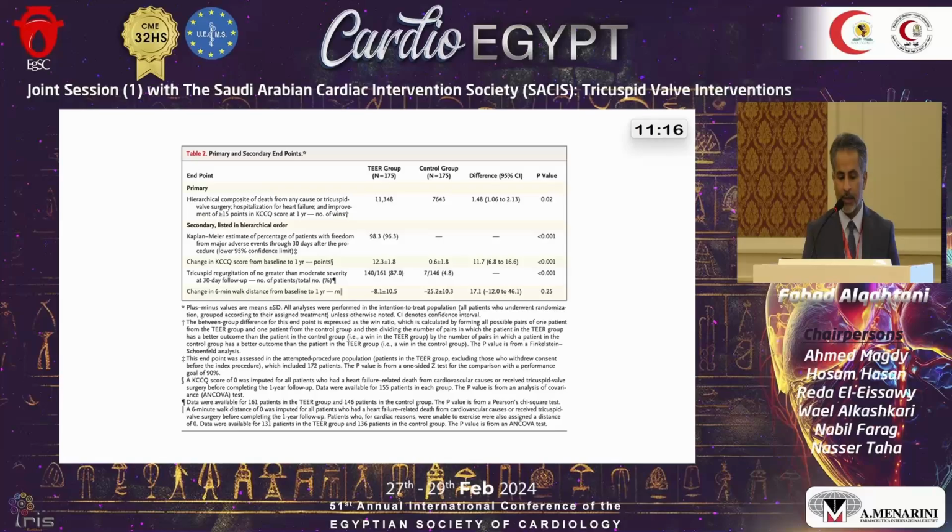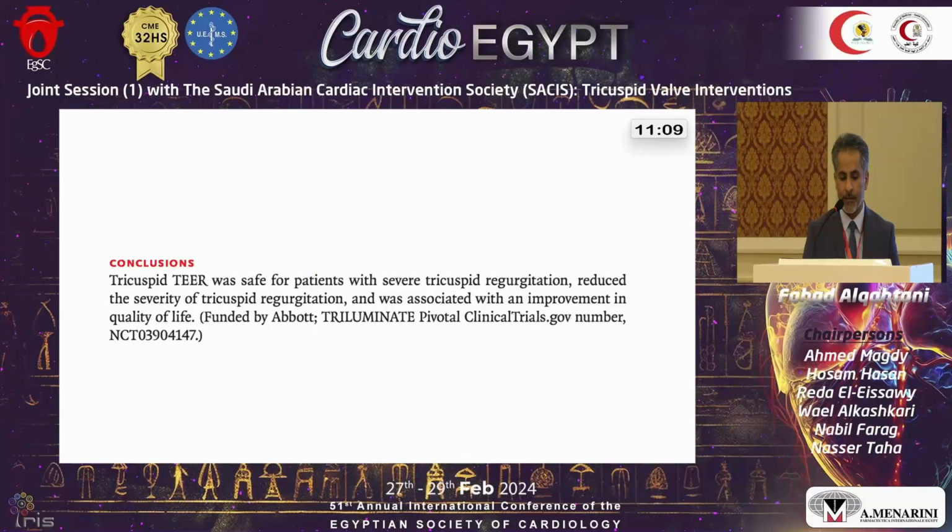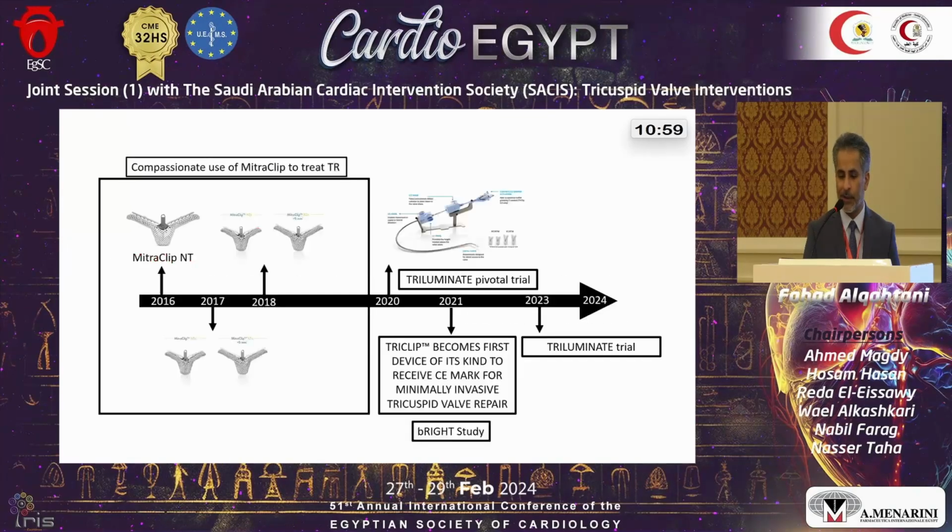And the main thing was a change in the quality of life in the TEER group compared to the control group, with a difference of 11.7. So they concluded that tricuspid TEER was safe for patients with severe tricuspid regurgitation, reduced the severity of tricuspid regurgitation, and was associated with improvement in quality of life.